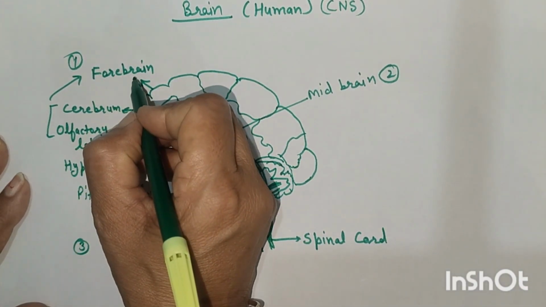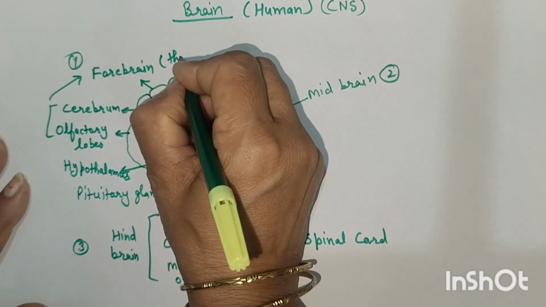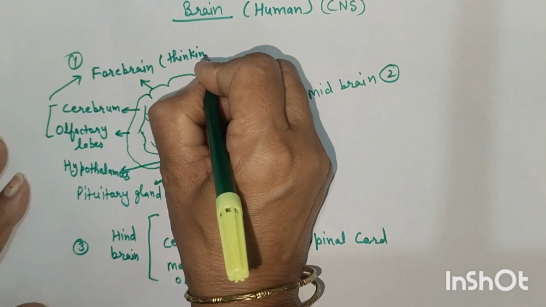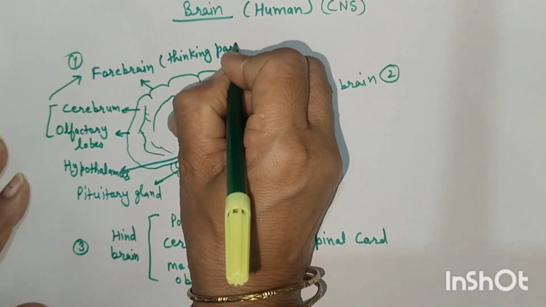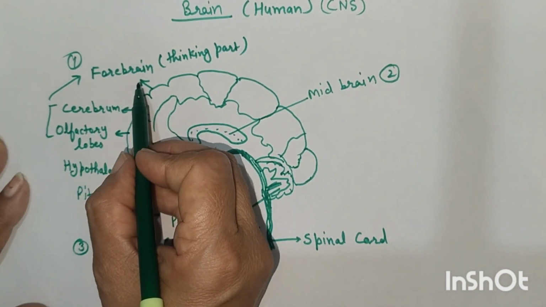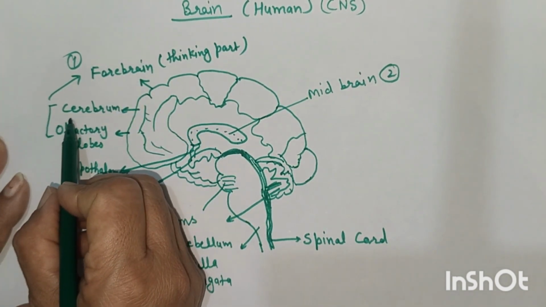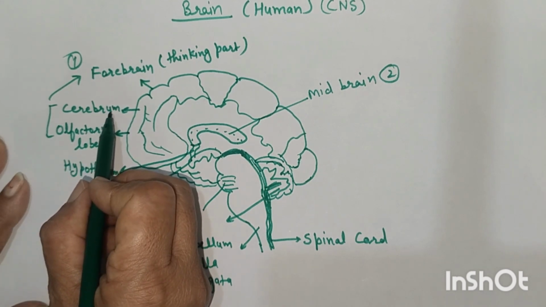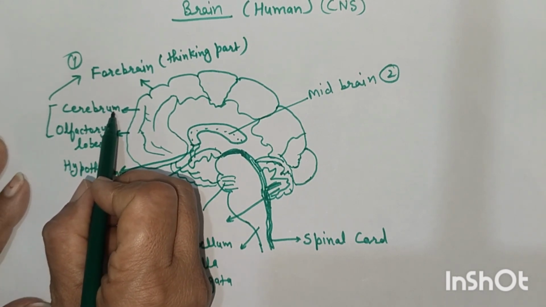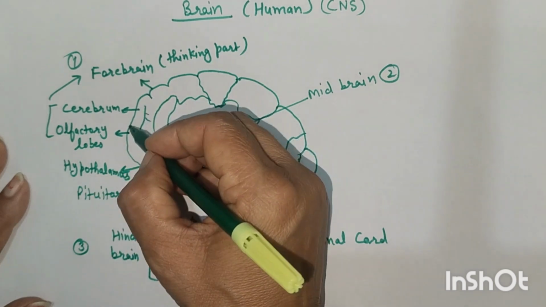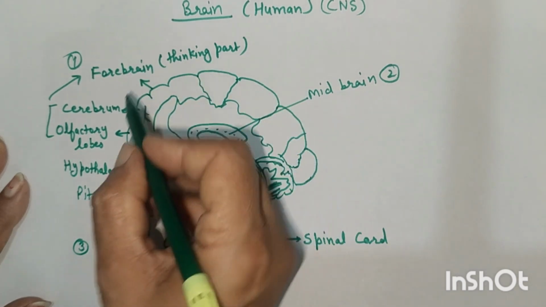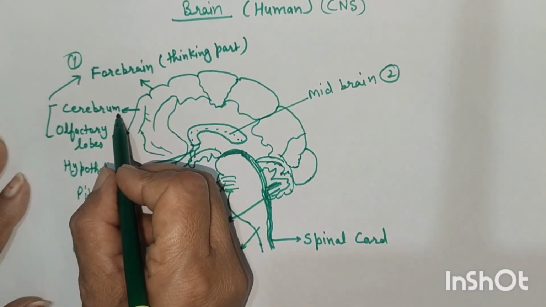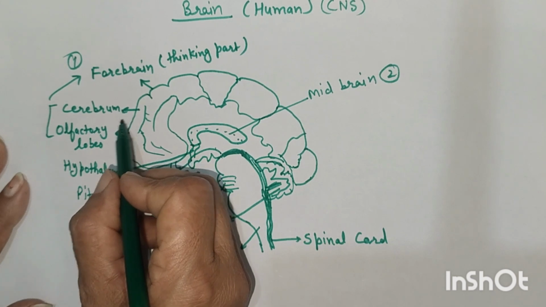Forebrain is the main thinking part of the body. Forebrain consists of two parts: cerebrum and olfactory lobe. Cerebrum is the largest part of the brain, dome-shaped, and forms the roof of the brain. It is the main thinking part.